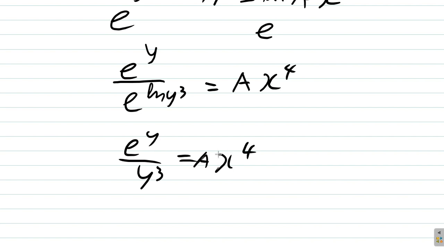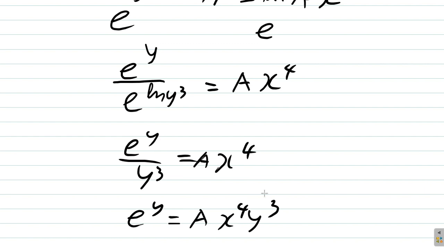So this now, how can you write it in another way? Suppose you multiply both sides by y cube. You get e to the y equal a x to the fourth y cube. Alright, so that's what you have.